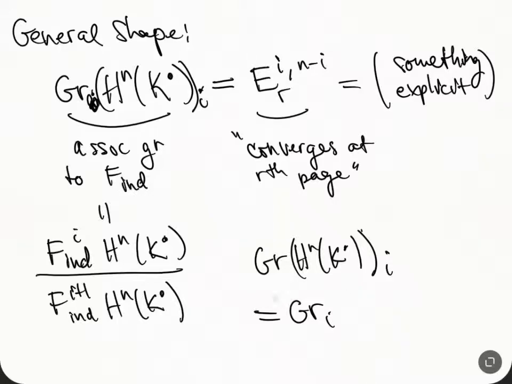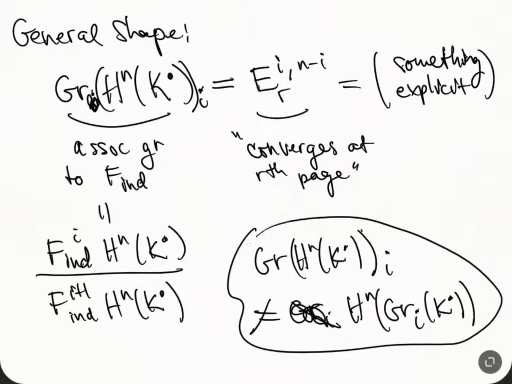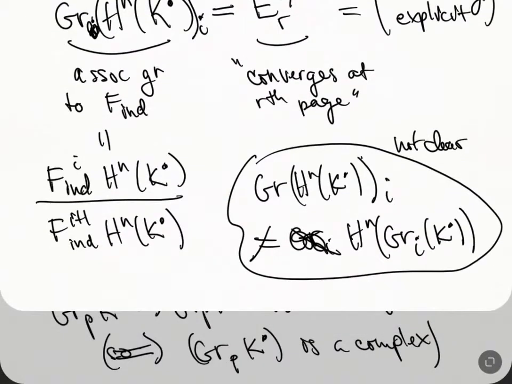No, this is not true in general. We don't know that this is equal to this thing here. It's not clear, and I think it's not true. So I'm going to use the other notation for the associated graded thing.